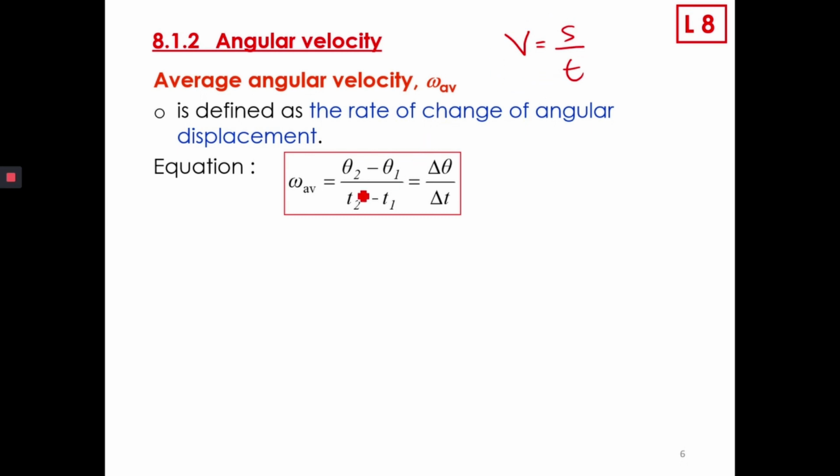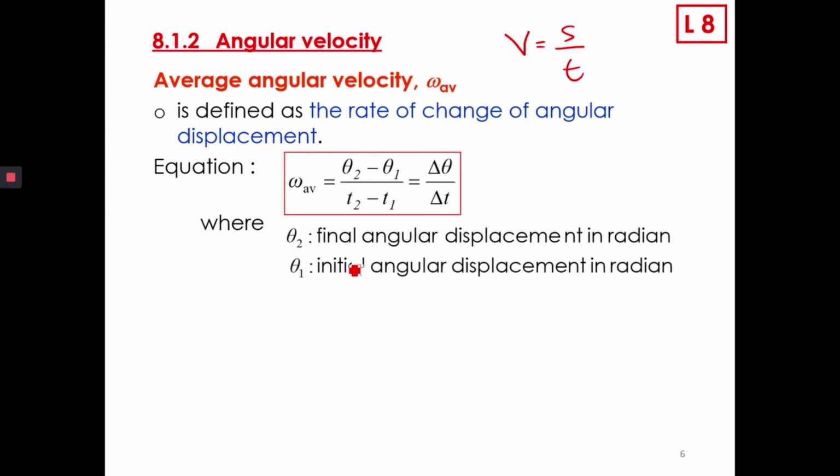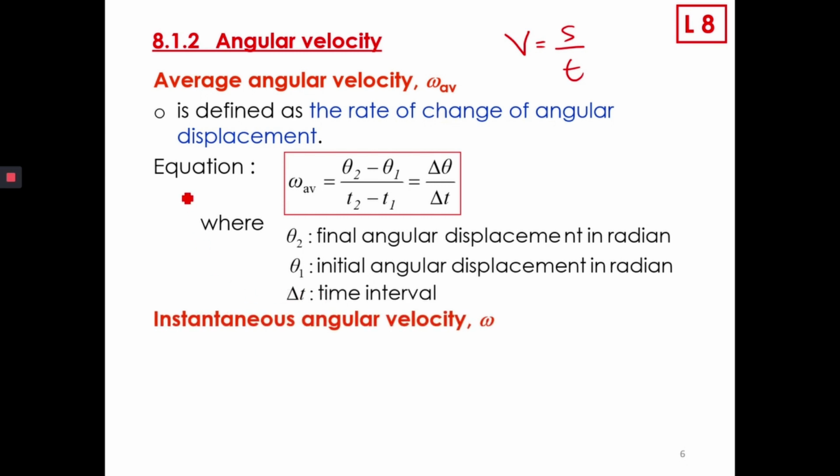For average omega, we have the rate of change of angular displacement, delta theta over delta t, where theta 2 is the final angular displacement, theta 1 is the initial angular displacement, and delta t is the time interval. So you have two: first is average and second is instantaneous. For instantaneous velocity, v equals ds per dt.